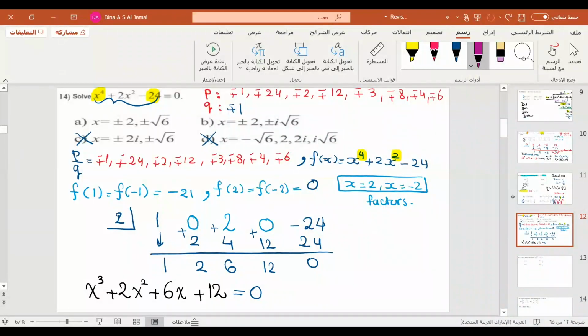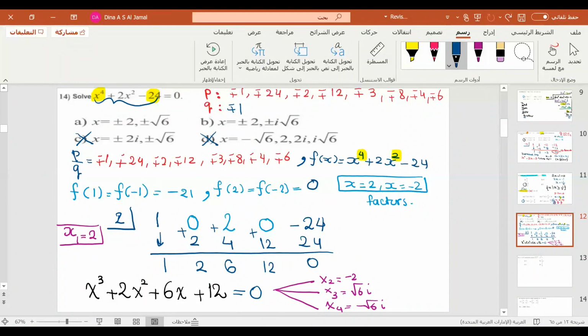So it will be giving you 3 zeros. And here I choose one of them, which is 2. So x2 here will be giving you minus 2. Now x3 will be giving you square root of 6i. x4 will be giving you minus square root of 6i.